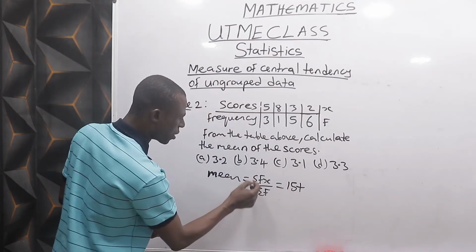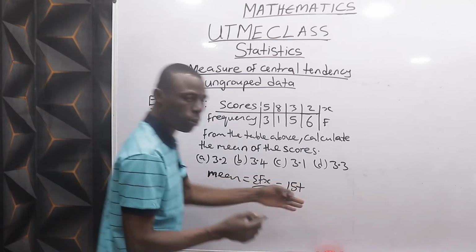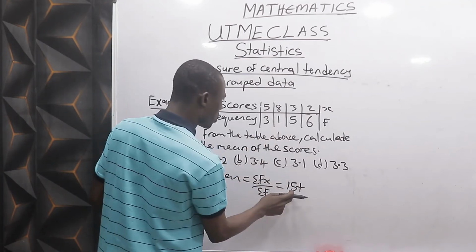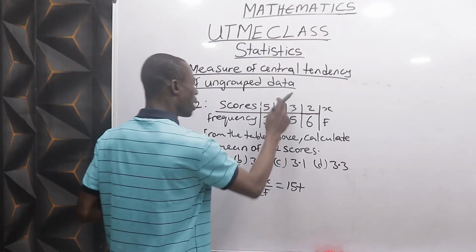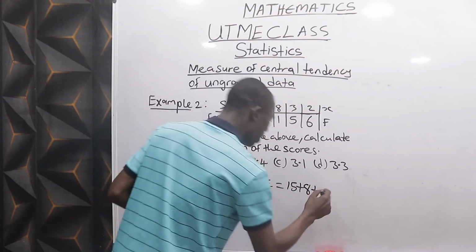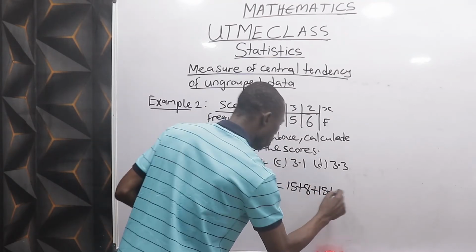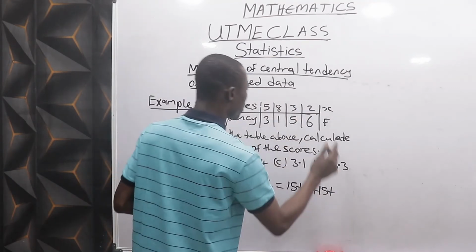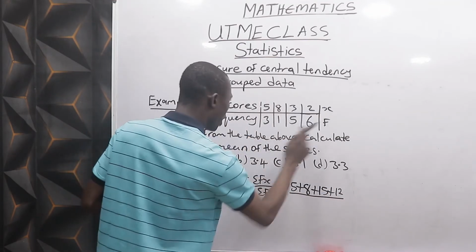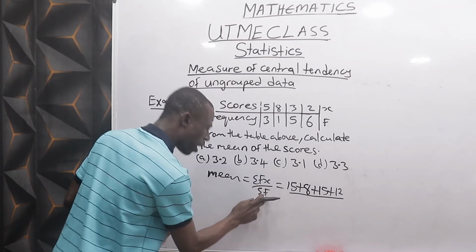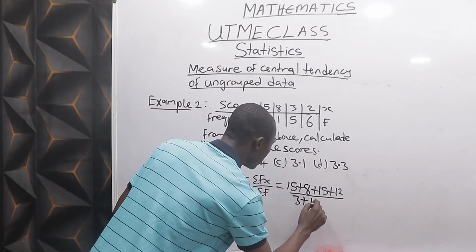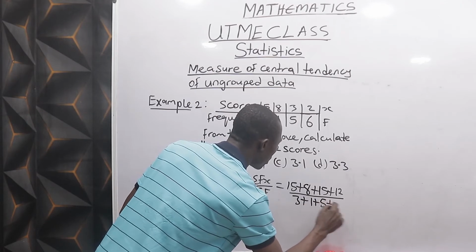The summation symbol here is the reason we are putting the addition there. 3 times 5 is 15, plus 1 times 8 is 8, plus 5 times 3 is another 15, plus 2 times 6, that is 12, divided by the addition of the frequency, summation f, which is 3 plus 1 plus 5 plus 6.